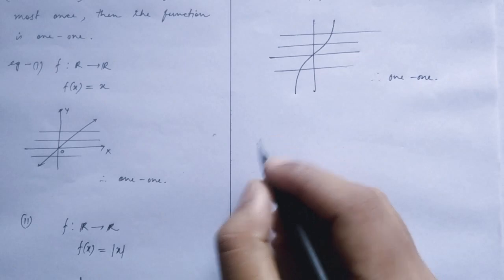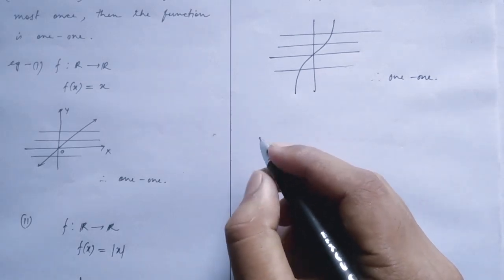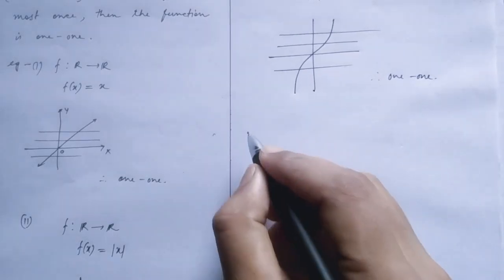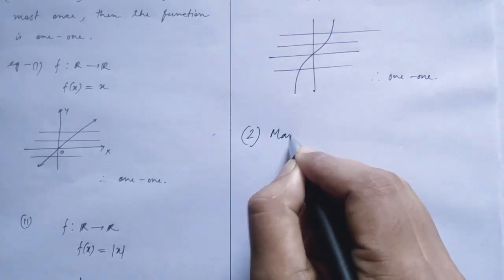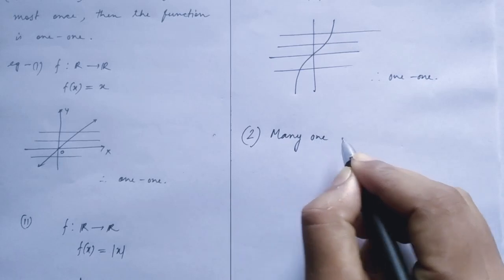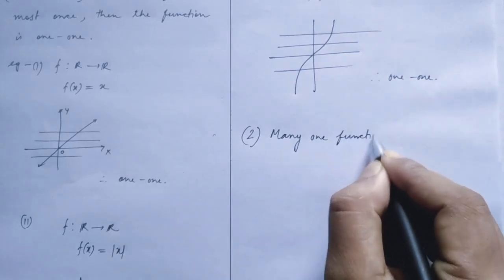Okay. So our next type of function is many-one. So this is number 2, many-one function.